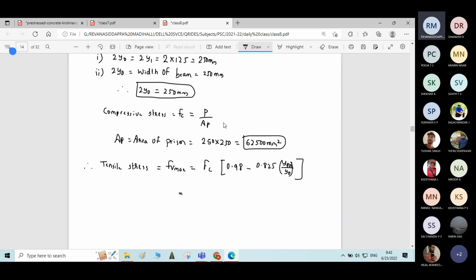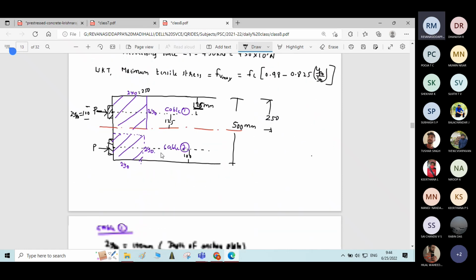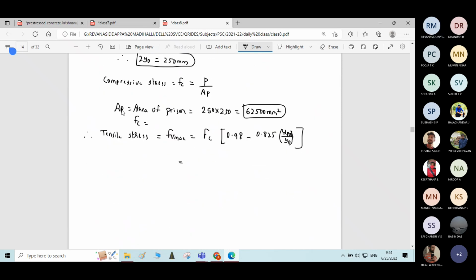FC is equal to P, 450 into 10 power 3, divided by the area of the prism, 62,500. If you solve this, you will get 7.2 Newton per mm square.